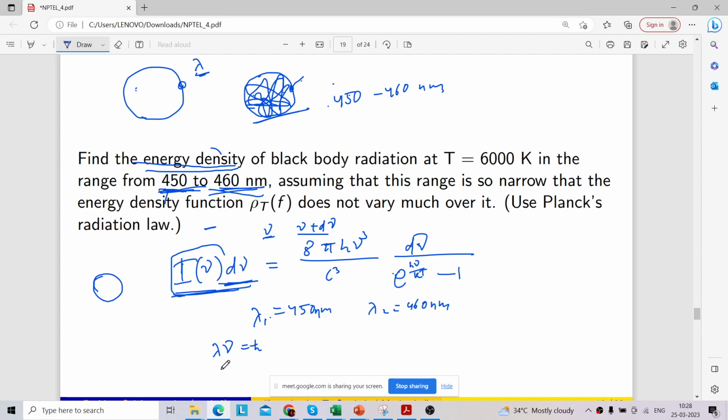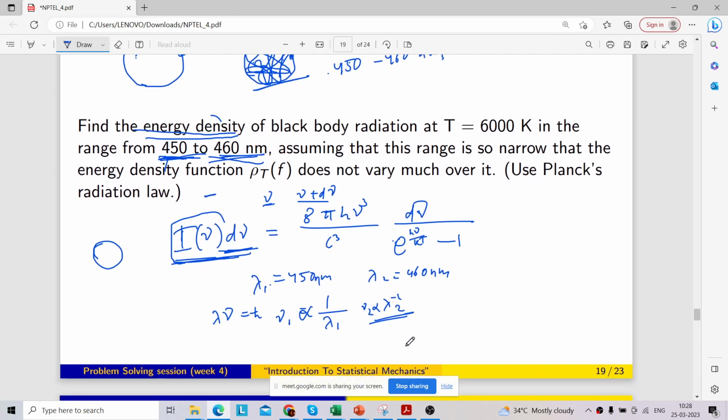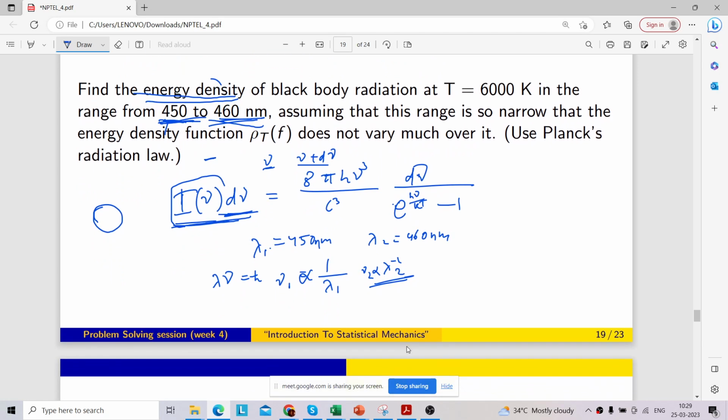From this you can calculate nu 1, which will be inversely proportional to lambda 1, and nu 2, which will be inversely proportional to lambda 2. So let's do this. We have to find the frequencies first.